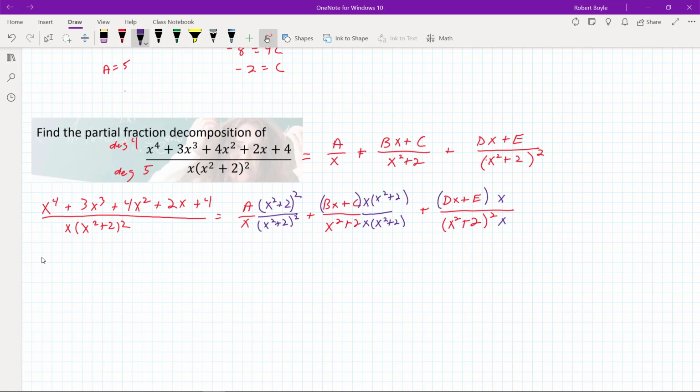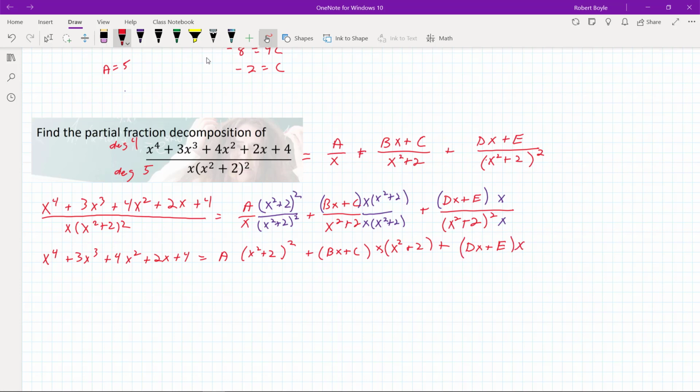We are going to have x to the fourth plus 3x cubed plus 4x squared plus 2x plus 4 is equal to a times x squared plus 2 squared plus the quantity bx plus c times x times the quantity x squared plus 2 plus dx plus e, all that times x.